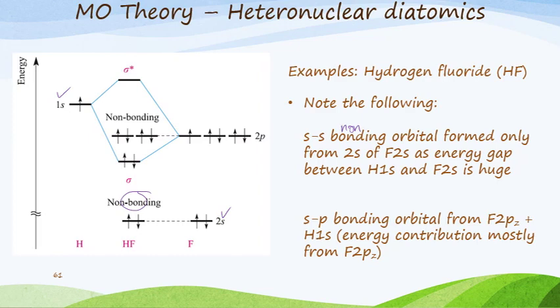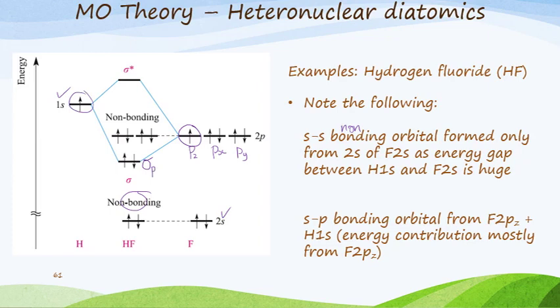There's no interaction whatsoever. But what does happen is that we do have an interaction between the 1s orbital and the 2pz orbital. So if this one is the pz, and this one here is px, this one here is py, the pz orbital is going to interact with the 1s orbital of hydrogen to give us the sigma bonding interaction down here.